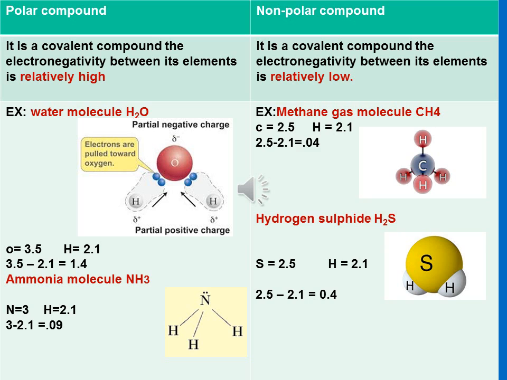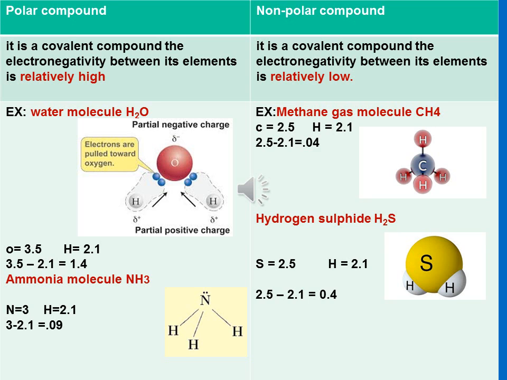If we calculate the difference, 3.5 minus 2.1, it will be 1.4. It's still less than 1.7, but it's near to 1.7. So it's relatively high, so it's a polar compound.